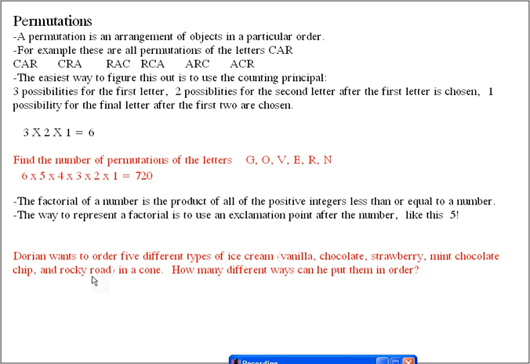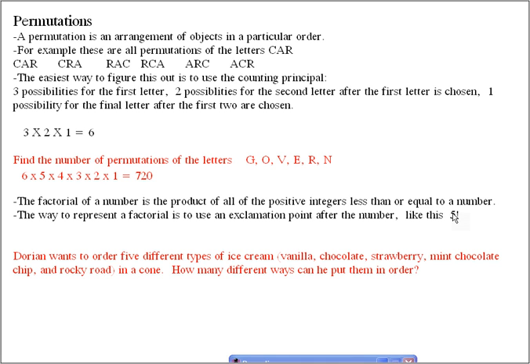So there's 5 different flavors. So in that case, we're just going to figure it out the factorial way. And so again, this would be the 5 flavors that could be at the bottom next to the cone, and then there'd be 4 choices after that, and then 3 after that, and so on. So you'd have 120 possible ways of putting these 5 ice creams in a different order.